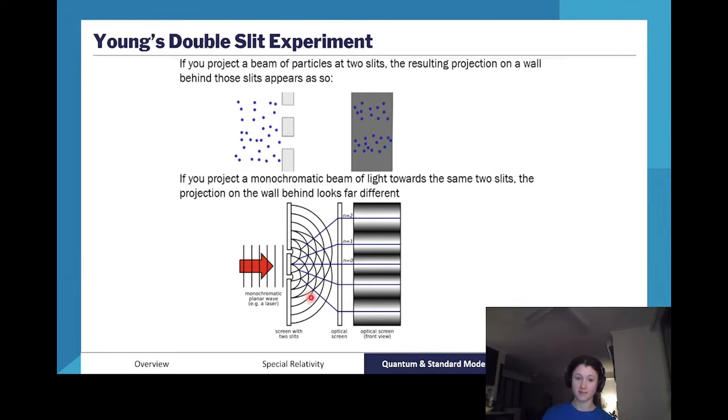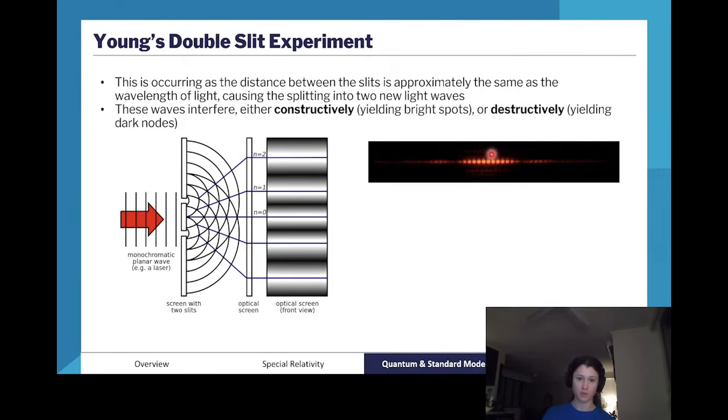And this is consistent with light being a wave, because we observed constructive and destructive interference patterns. So, this is a visual of what you can see. You can do Young's experiment very easily on your own. We have a bigger splotch here, and then it getting smaller and smaller symmetrically on either side.